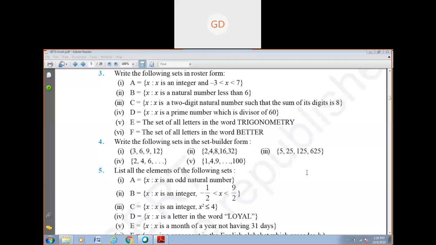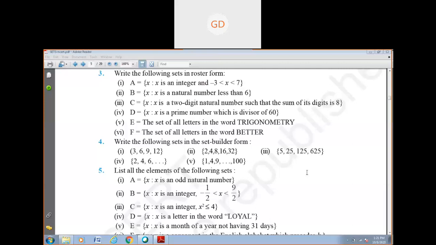So its form is x such that x is equal to 2 to the power n, where n is equal to 1, 2, 3, 4, 5.